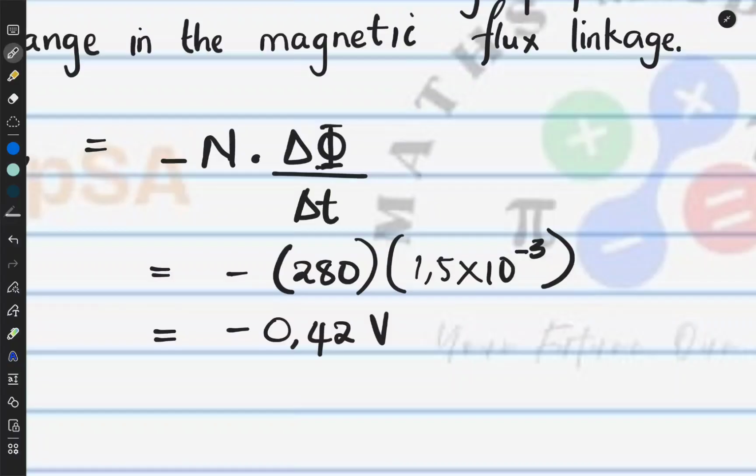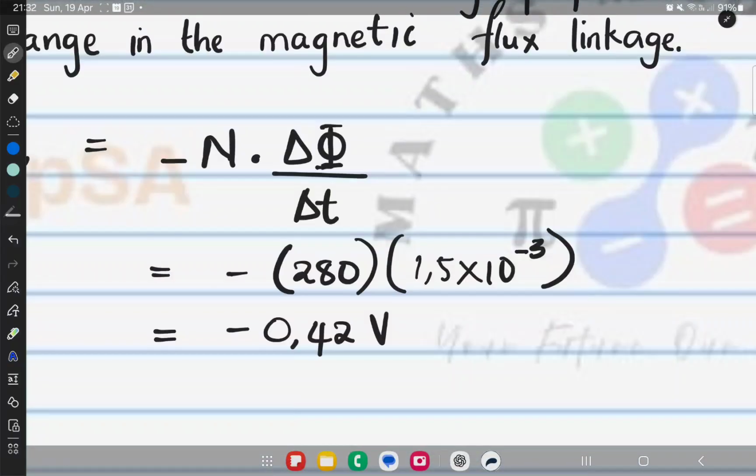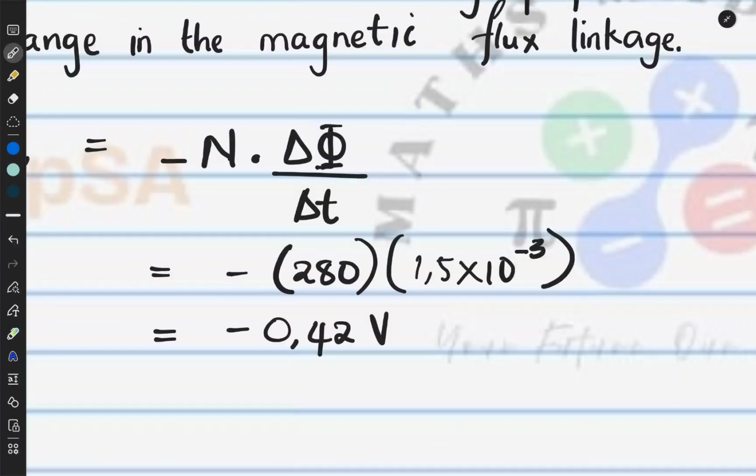So if the magnetic flux is increasing, what will happen in the solenoid is that the induced EMF, and therefore the induced current, will create a magnetic field that will try to reduce the increase in the flux.